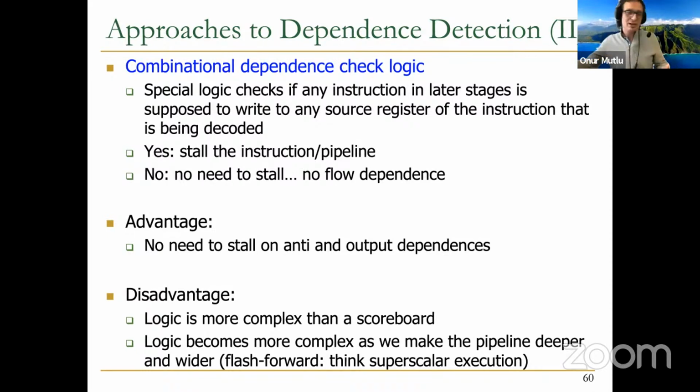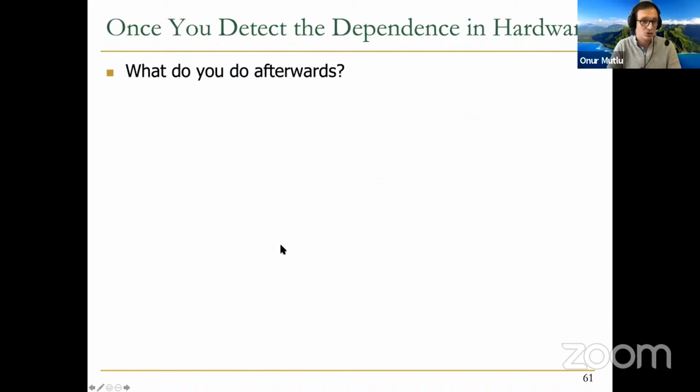If you have 3 stages, you have 3 things to check. And you have to do this for all source registers, right? So the logic becomes more complicated as the pipeline becomes deeper, with more pipeline stages, and it becomes wider, as we will see, meaning we have more instructions in a given pipeline stage. Don't worry about that right now, but we will make the pipeline deeper and wider as we go along in this course. We're going to see this logic in the next lecture very soon.